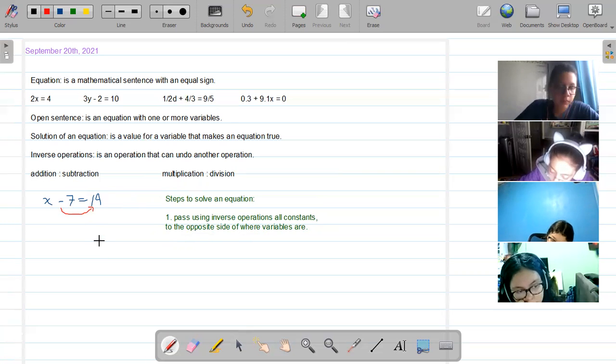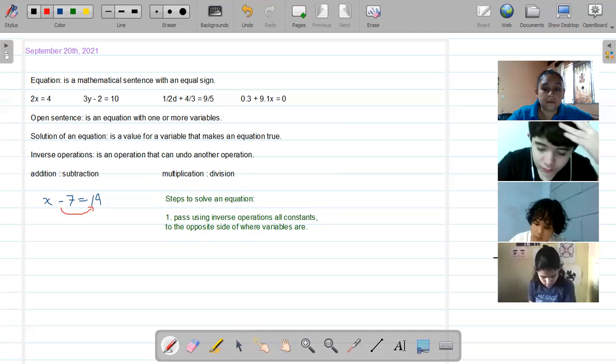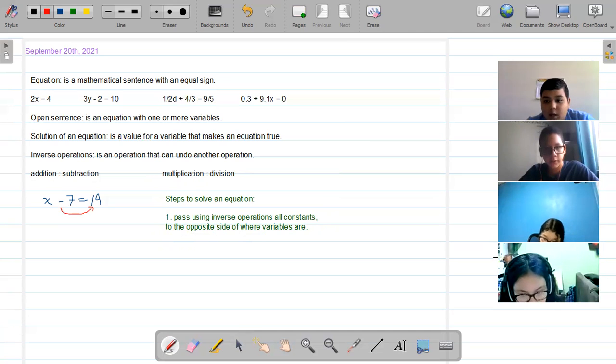So the inverse operation is gonna be? Addition, correct.